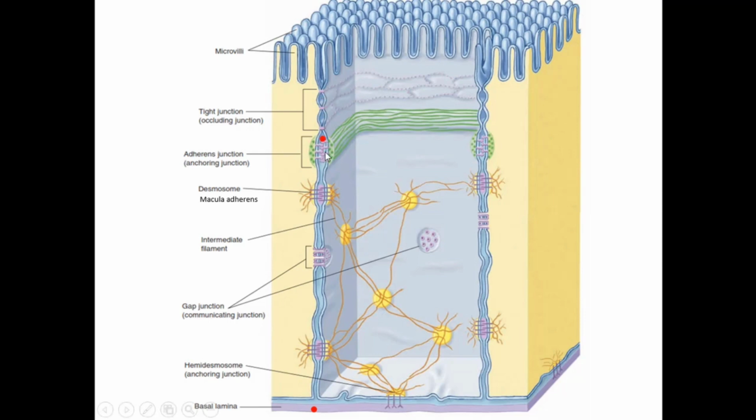So the material cannot pass through this pathway, and they have to go through the intracellular pathway. And as you know, the cell membranes don't allow any material to pass through easily. So in this way, the epithelial cell controls entering and leaving of the material from our body.